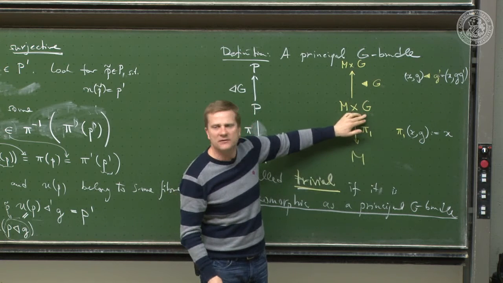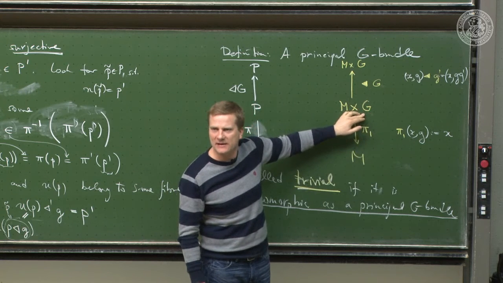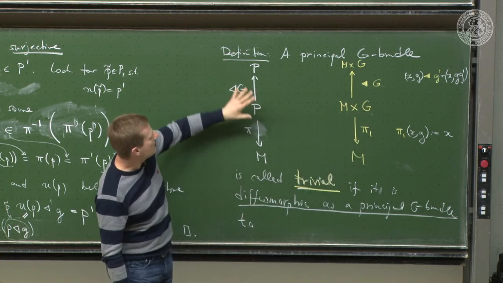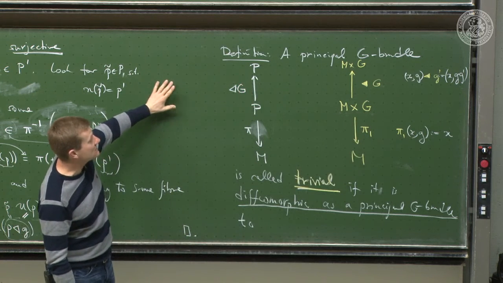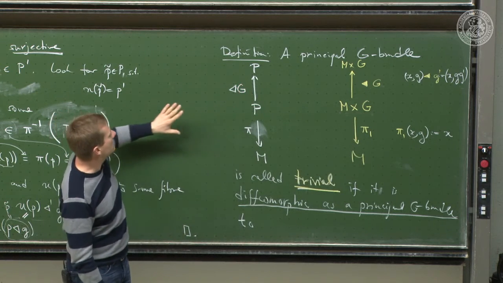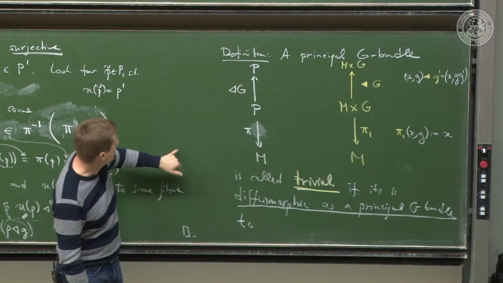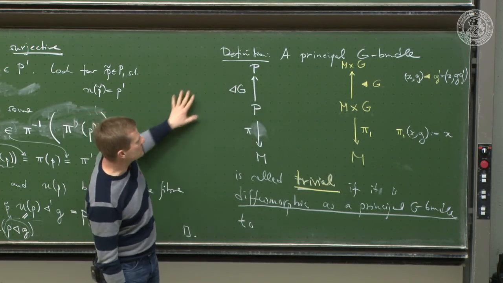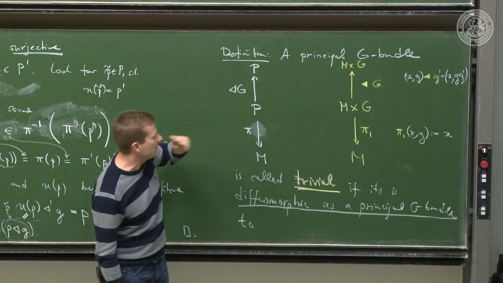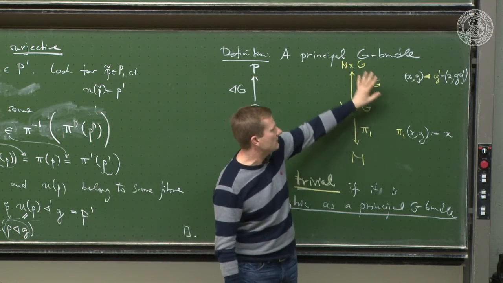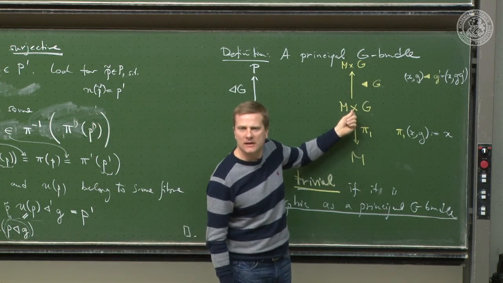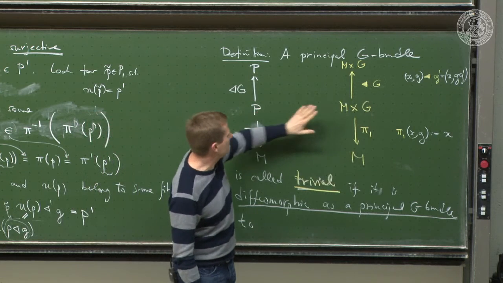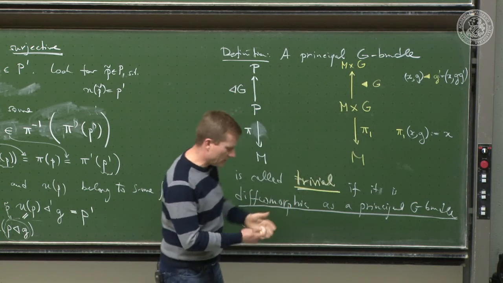But that's a very trivial way to make G a fiber, right? If this is a principal G bundle, because of the isomorphism as a bundle to the bundle P down to P mod the group G, this becomes also a G fiber bundle, but this is a G fiber bundle in a trivial way. Okay, now the question is, when do you call a principal bundle a trivial bundle?